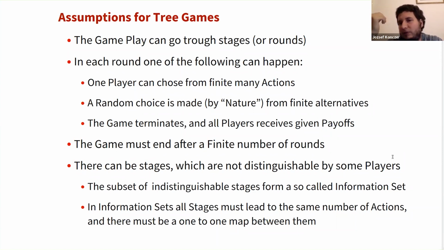That's why we introduce this so-called information set. The same player needs to belong there, and the same number of actions has to be there. There must be some kind of one-to-one correspondence between the actions in the stages of a given information set.